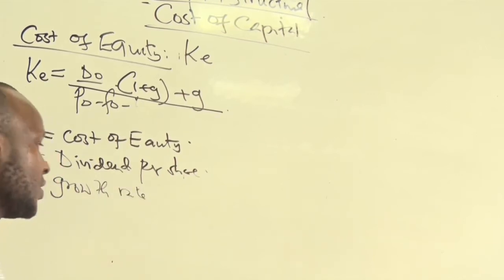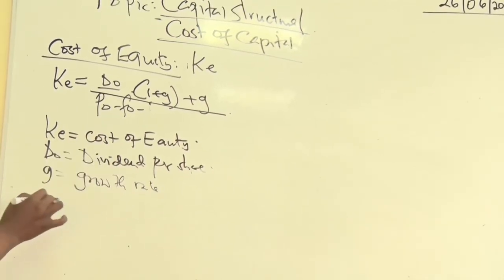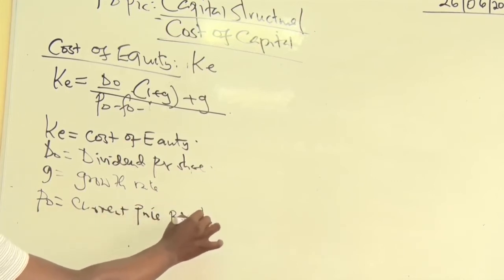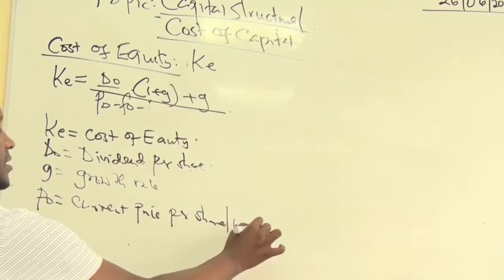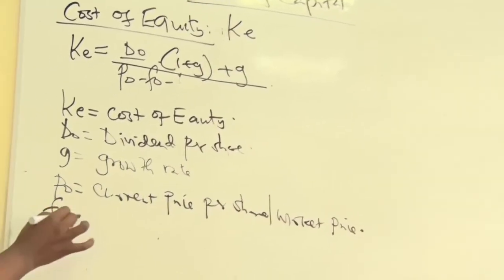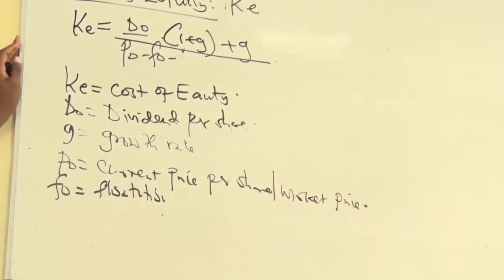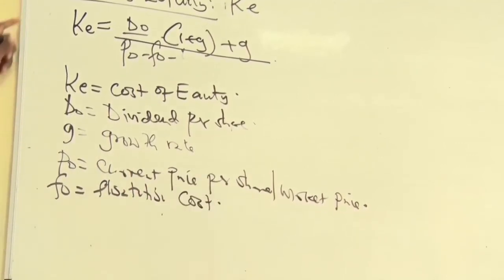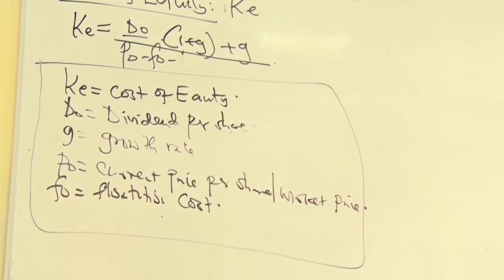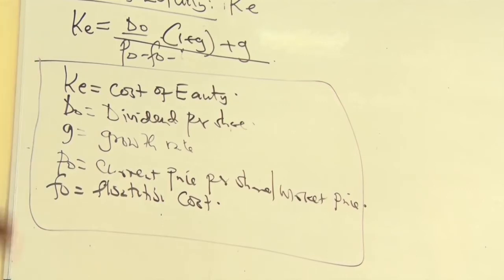P0 is the current price per share, sometimes called the market price per share. Then F0 stands for the flotation cost, the cost incurred, for example, in terms of advertising. So these are the aspects contained under the cost of equity. That is our formula.